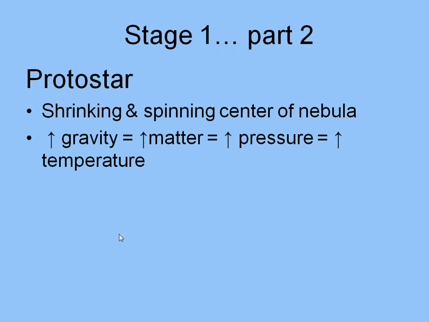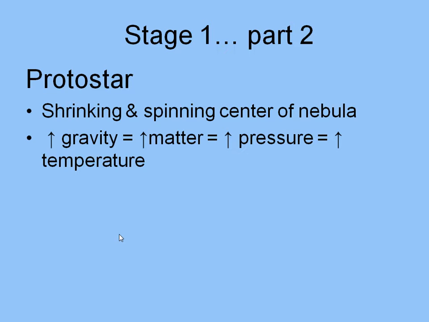As it collapses, we increase the gravity, which means we have increased matter in an area, because we're bringing more and more stuff in: gas, dust, debris, leftover broken planets. And then we're increasing our pressure.